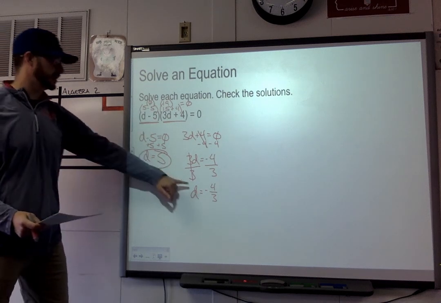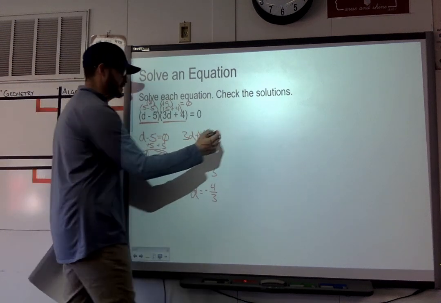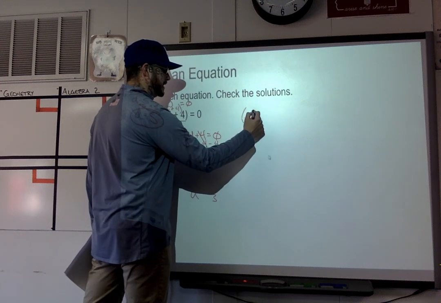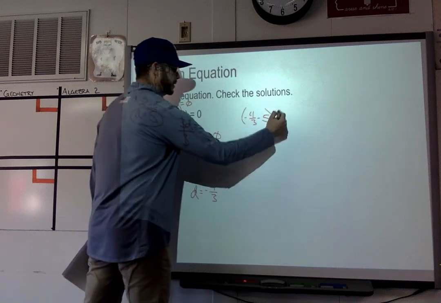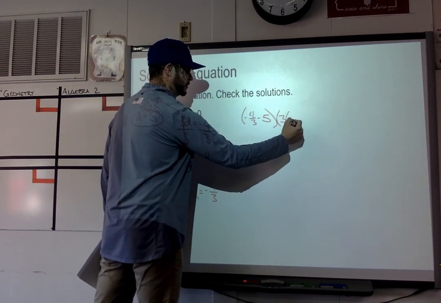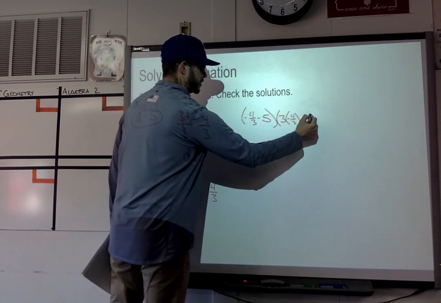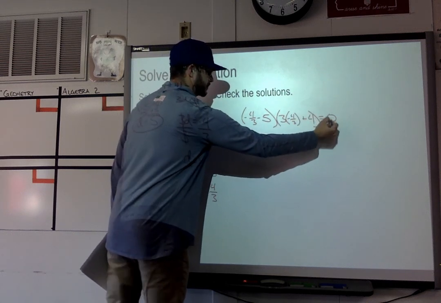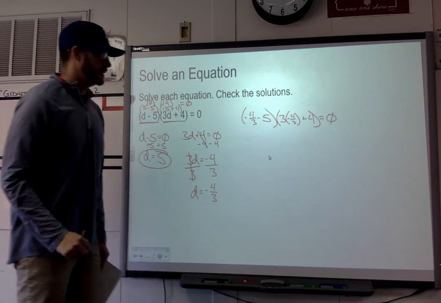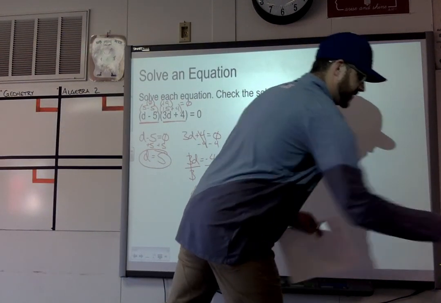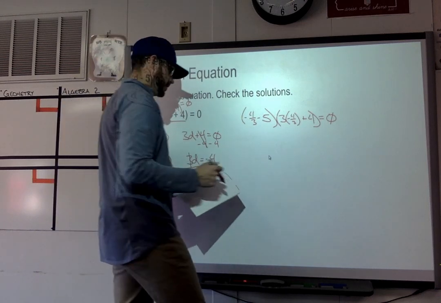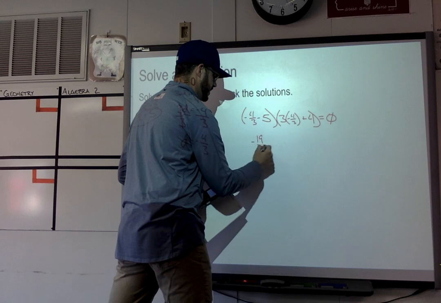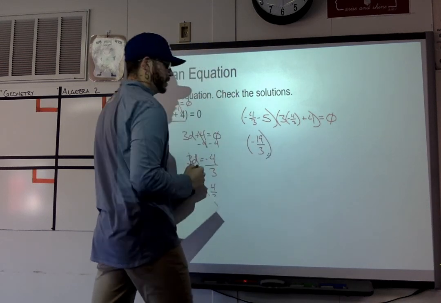Then, if we plug in negative 4/3 for d in each of them, we would have negative 4/3 minus 5 times 3 times negative 4/3 plus 4 equals 0. Now, negative 4/3 minus 5 would give us negative 19 over 3.